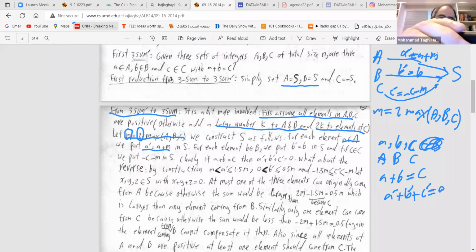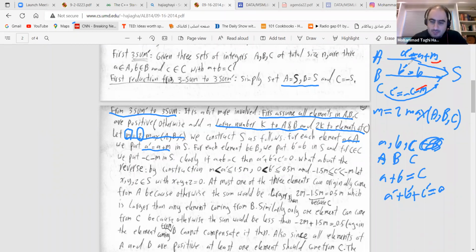Because we have just added M here, we had subtracted M here, and then we put minus C here. So if we sum up these 3 numbers, it would be equal to 0. So that part is easy: if A plus B is equal to C, then the sum of them would be 0 in S.